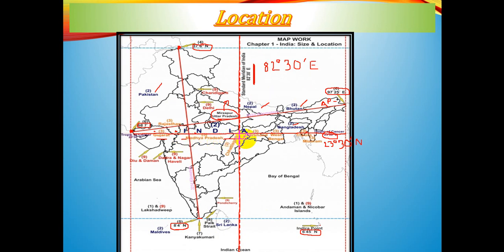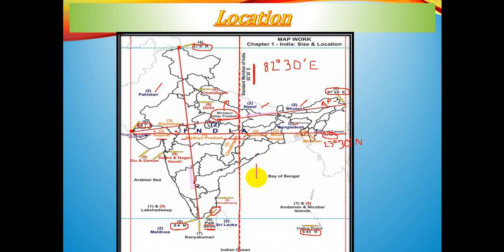India is situated closer to Sri Lanka, but it is not having a common land frontier. Why? Because it is demarcated by a narrow channel of the sea, that is Palk Strait. So it does not have a common land frontier. So Pakistan, Nepal, Bhutan, Bangladesh and India itself, all together make the Indian subcontinent.